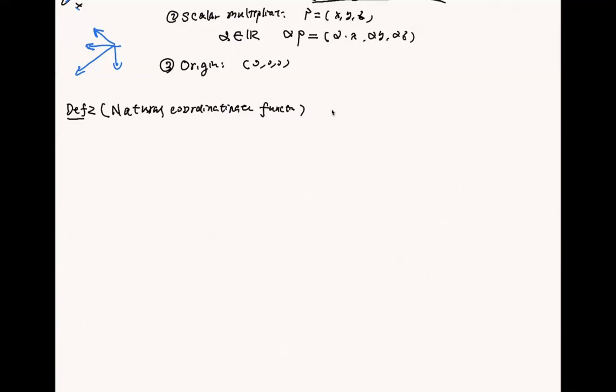So the natural way: if we have a function called x, a function is a relation between two sets. So our domain should be Euclidean space, and it maps a point from Euclidean space to another triple.